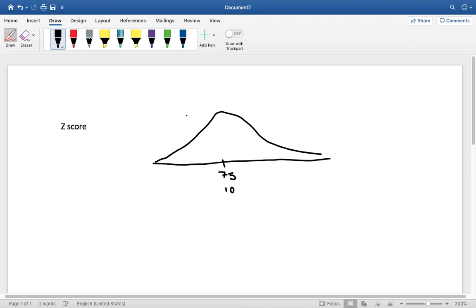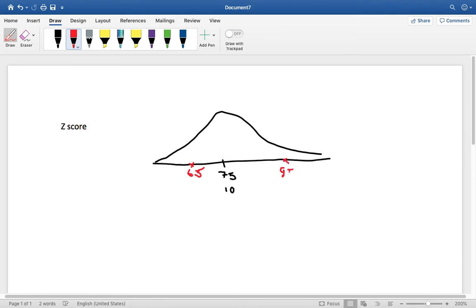Then we have one student who has a score on the exam of 65, which is here. There's another student that took the exam and got a score of 95, so it's up here, a much higher score.